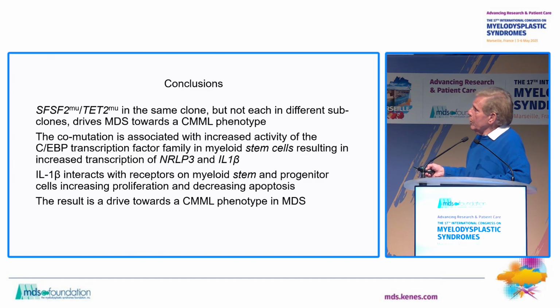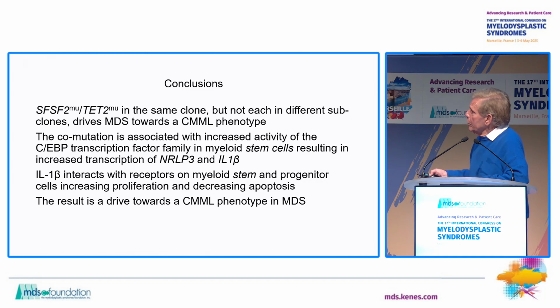The co-mutation in the same clone is associated with an increased activity of the CEBP transcription factor family in myeloid stem cells, resulting in increased transcription of NLRP3 and interleukin-1 beta, and to some lesser extent, interleukin-1 alpha.